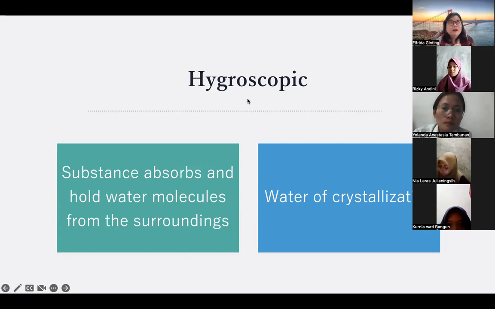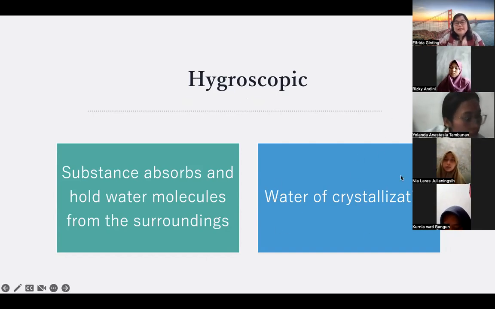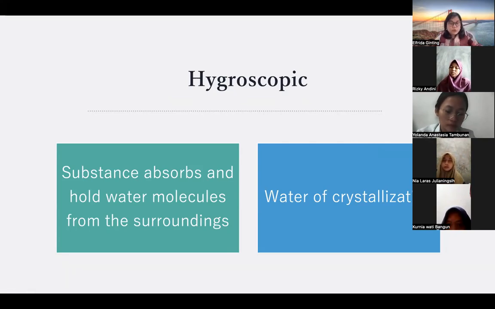You can see here for qualitative analysis, for example, color, whether it has color or is colorless. And you can also have water of crystallization, like a hygroscopic material, when it absorbs water and changes into a solution.